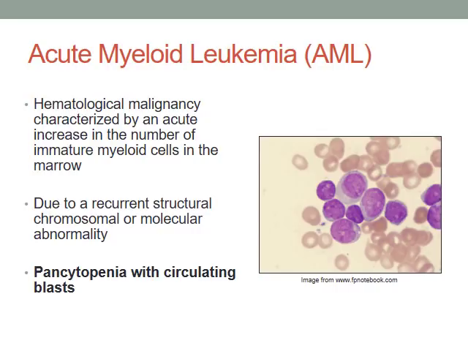Eventually, this leads to increased blasts and eventually pancytopenia, which causes the patient's good cell lines to no longer be produced. So we will have a pancytopenia with circulating blasts or abnormal myeloid cells or myeloblasts. Ultimately, the number of blasts and types of blasts circulating determine the kind of leukemia.